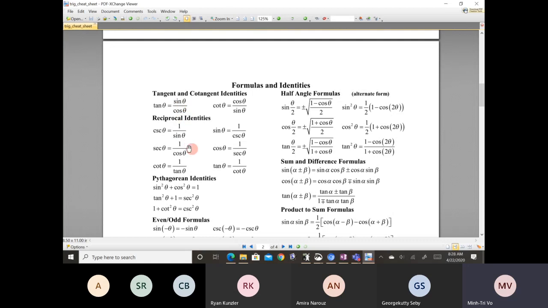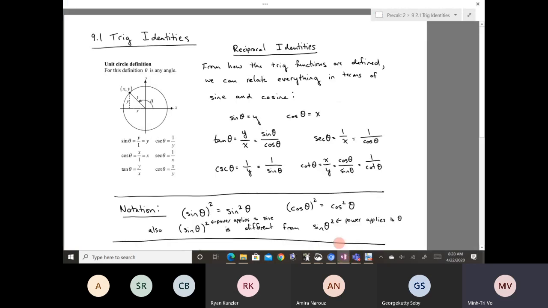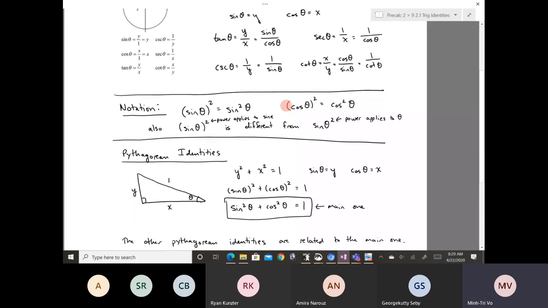So if you see cosecant, secant, and cotangent, typically you want to use these identities to write them in terms of sine, cosine, and tangent, and then tangent can again be written in terms of sine and cosine. So the usage of these identities typically is to reduce everything to being written in terms of sine and cosine. Okay, so those are those basic trig identities.